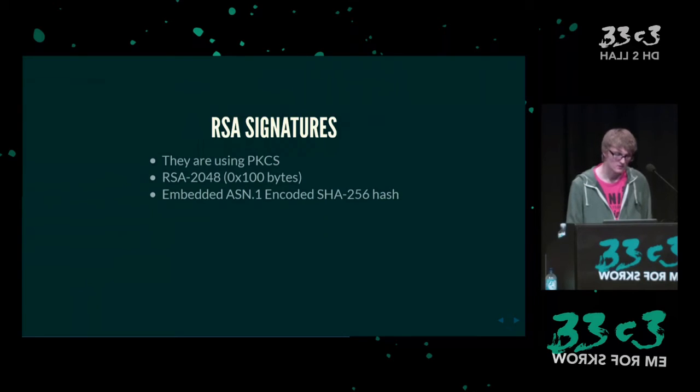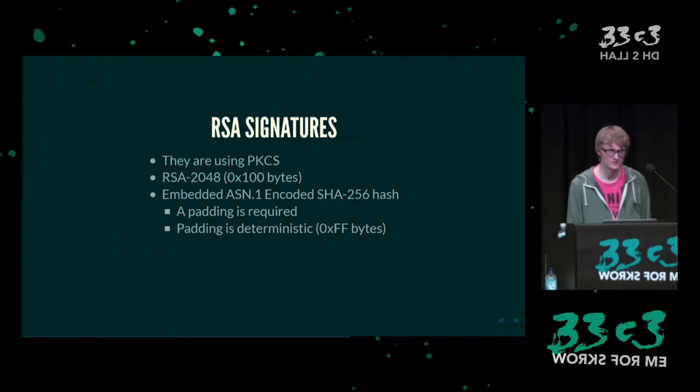And, well, since the SHA-2 hash is only 20 bytes in size, you have some remaining space in the signature that you have to fill. PKCS says you need padding, and this padding should be deterministic. It should only contain FF bytes. So when you're trying to forge signatures, it's really difficult because of this really long padding.